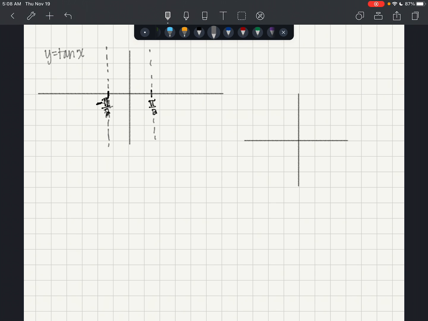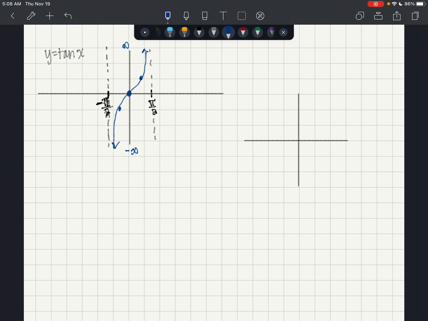These are asymptotes. And then our tangent function looks like this. And it repeats, but if we take this one cycle from negative pi over 2 to pi over 2, we get a function that passes the horizontal line test and covers all of the range from negative infinity to positive infinity.